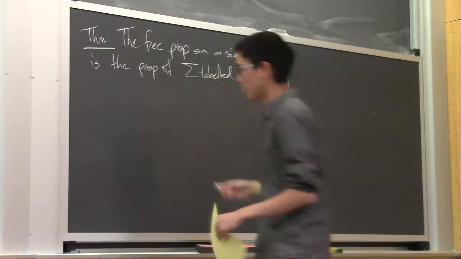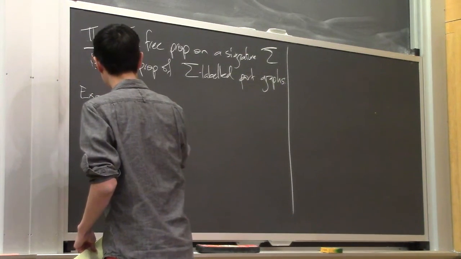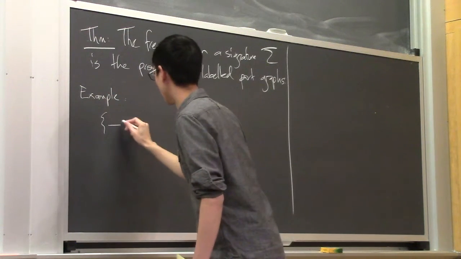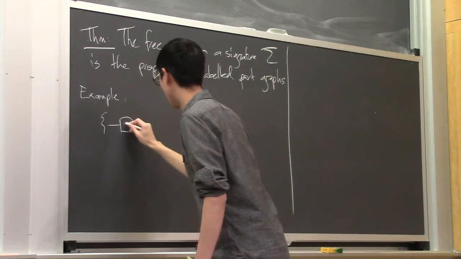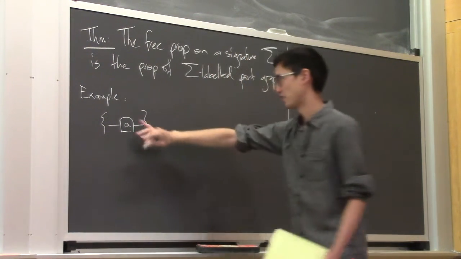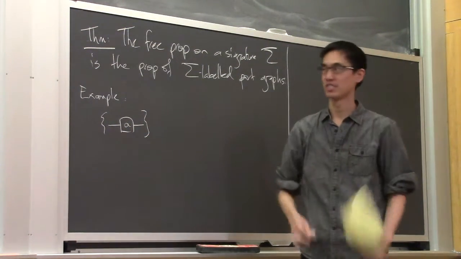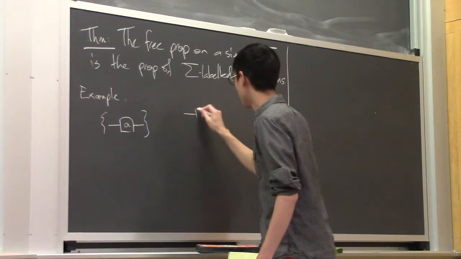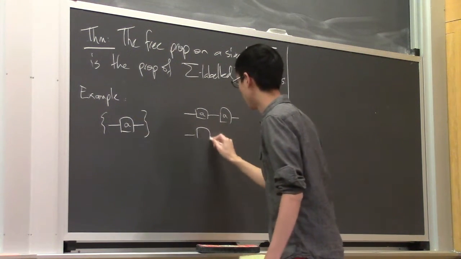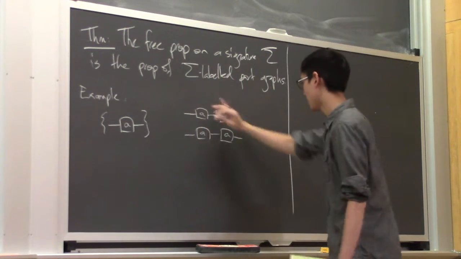So, for example, if I take the signature, which I'm just going to draw like this, so there's an element A from 1 to 1, then the objects of the free prop on this always have to be the natural numbers, but the morphisms are these sort of graphs we can construct by connecting these things together in series, in parallel.